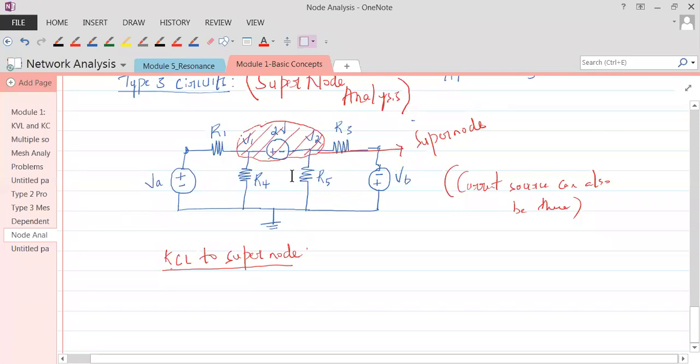Since there is no current source showing the current entering, we consider all the currents as leaving current. So what is the current leaving here? The voltage here is V1. So what is this current? Anybody? That is (V1 minus VA) by R1. Everybody get that?